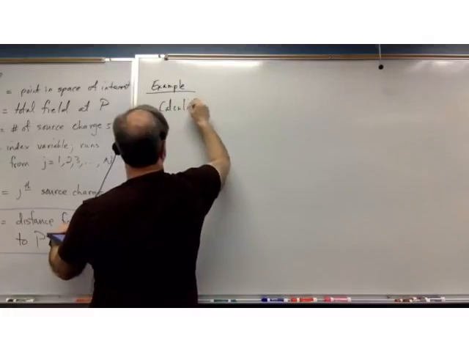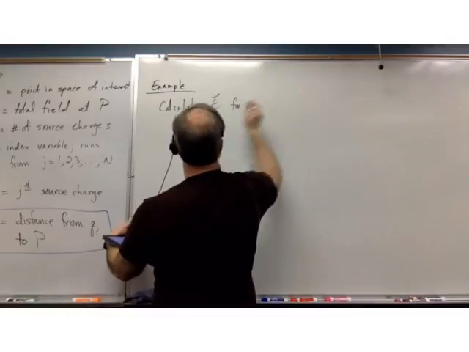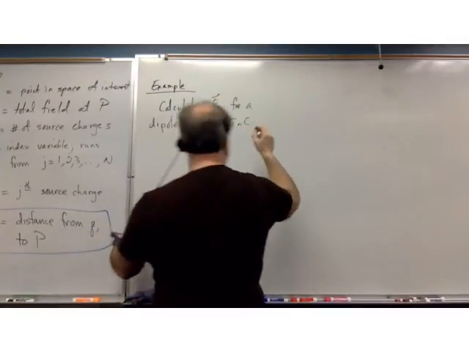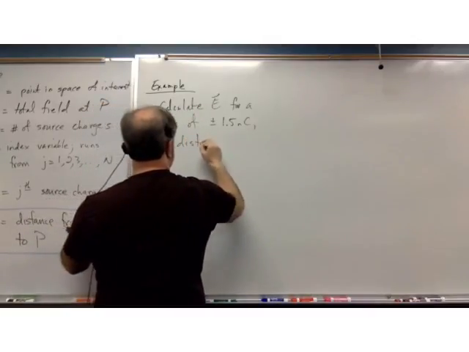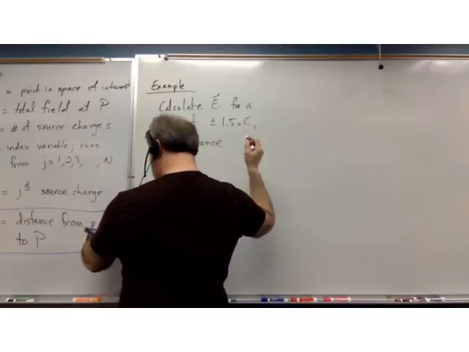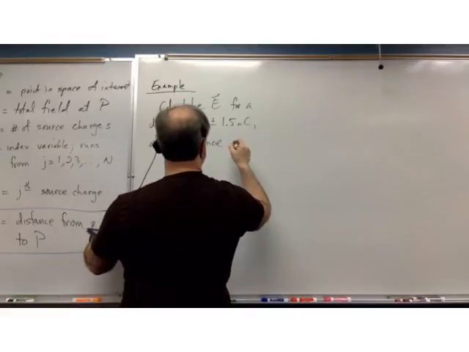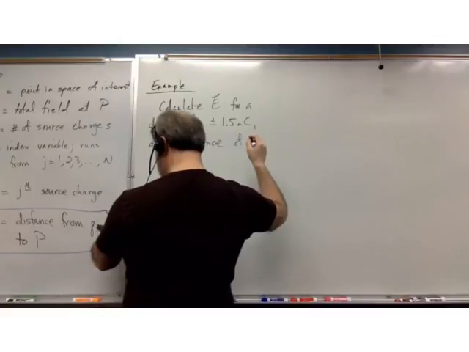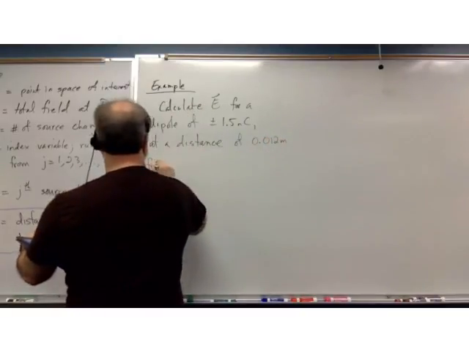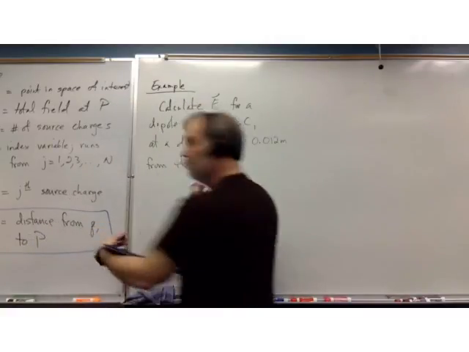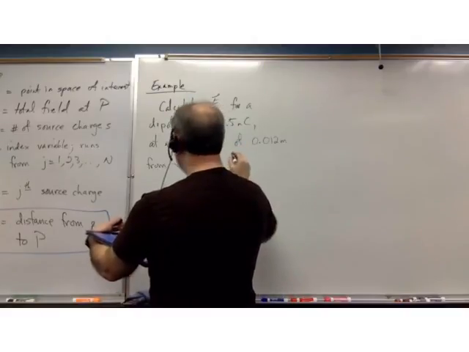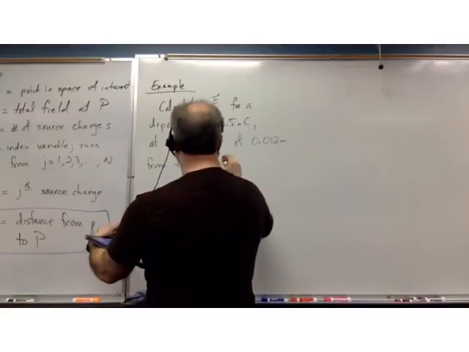Calculate the electric field for a dipole made up of two charges, plus or minus 1.5 nanocoulombs at a distance of 0.012 meters from the positive charge.